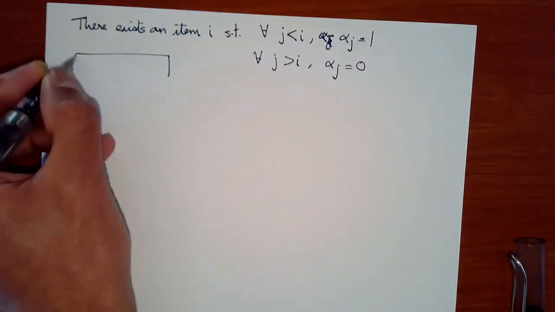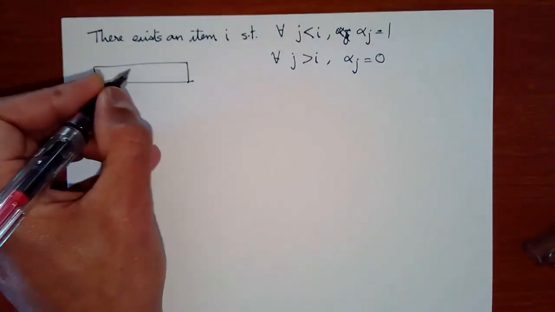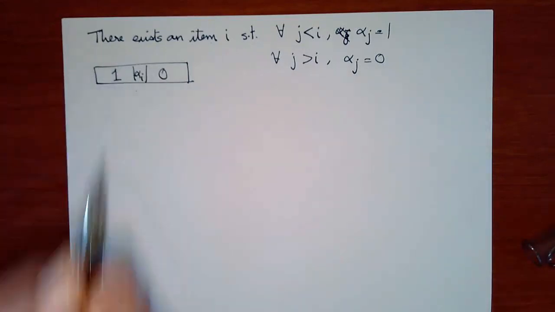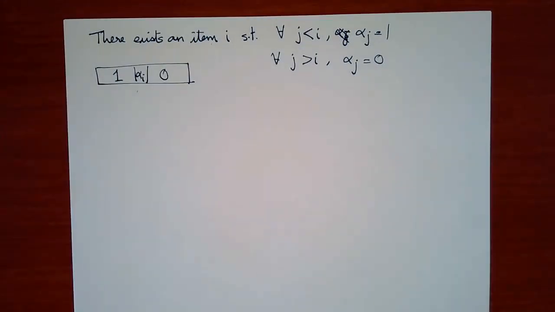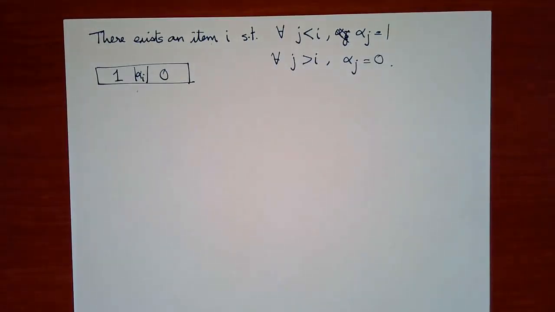This is just saying that if you look at what greedy does, there's some item, there are all 1s here, all 0s here, and this is alpha I, which may be 1, it may be 0, it could be anything in between. But otherwise, you have all 1s and all 0s. Is this property clear? Okay.